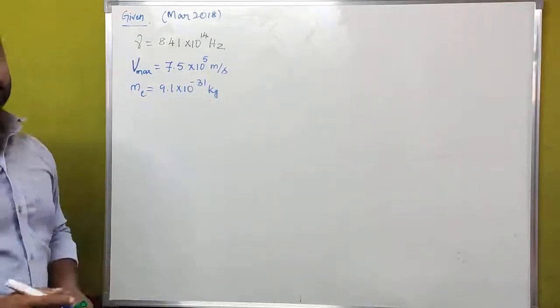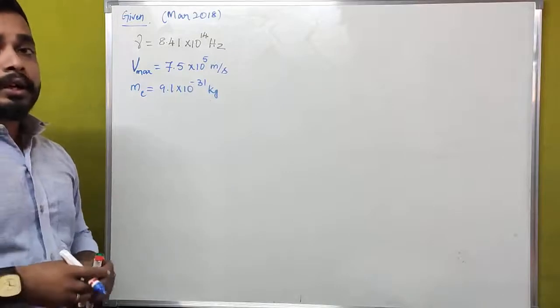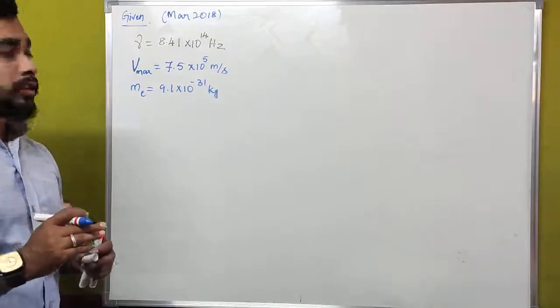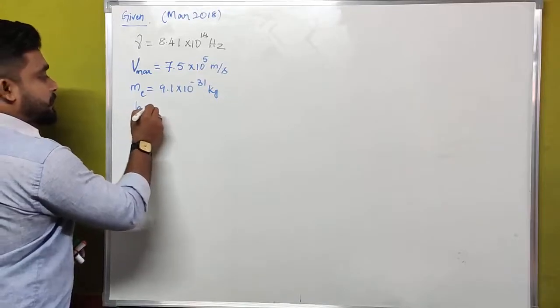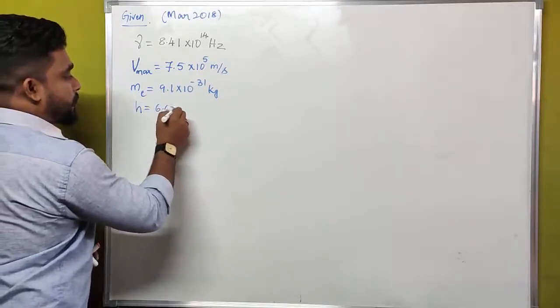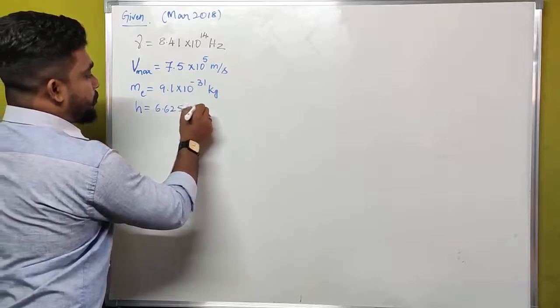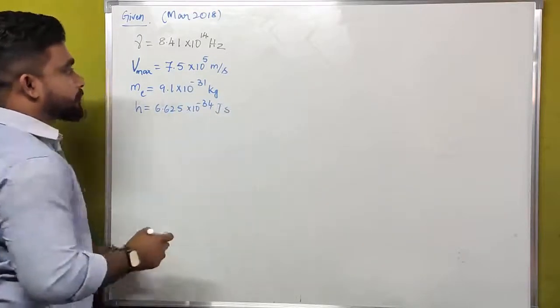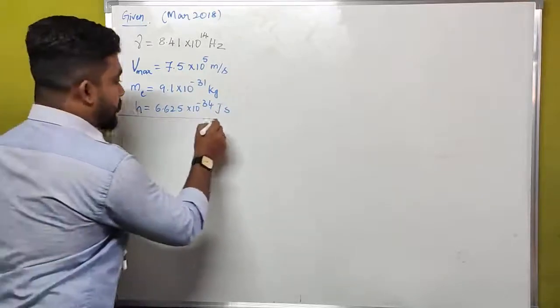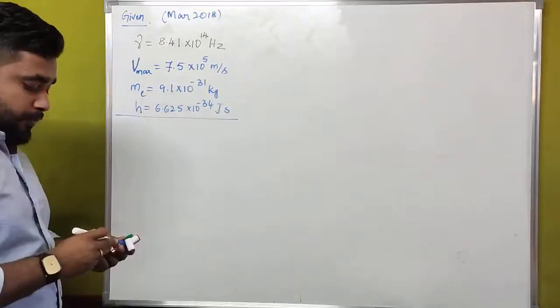Actually, we should know this constant. If they don't give the actual constant, we should know these values. And another thing is h, Planck's constant, 6.625 × 10^-34 joule second. These are the given constants of the problem.